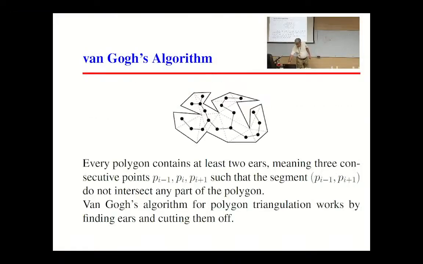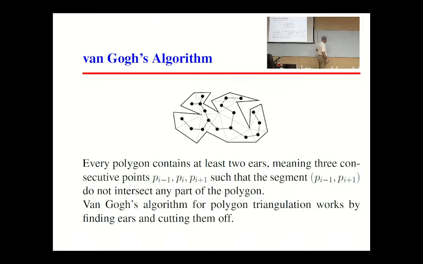Now, has everybody ever seen, something that I would imagine has appeared on contests for you, given a polygon, triangulate a polygon. How many people have had that on a problem they've done? Not as many as I thought. Okay, that's surprising.